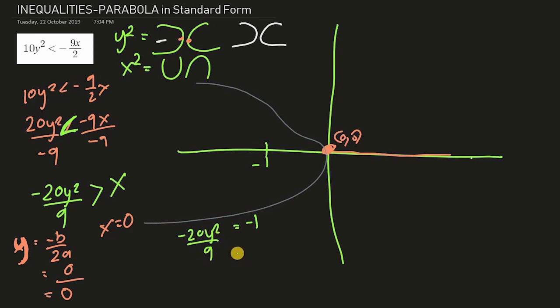So, that's negative 1 times 9 is negative 9, negative 20 y squared, i-divide natin yung negative 20 to both sides. Negative 20. Y squared is equals to 9 over 20. Square root natin yan. Y would be equal to square root of 9 over 20 is approximately 0.67, 0.7 like that.